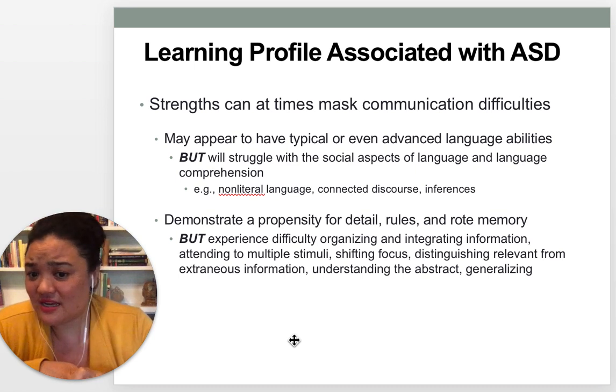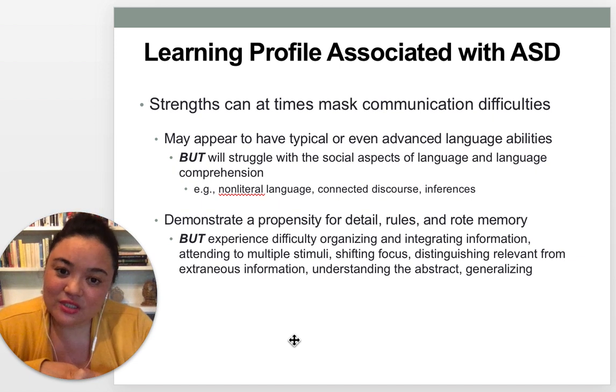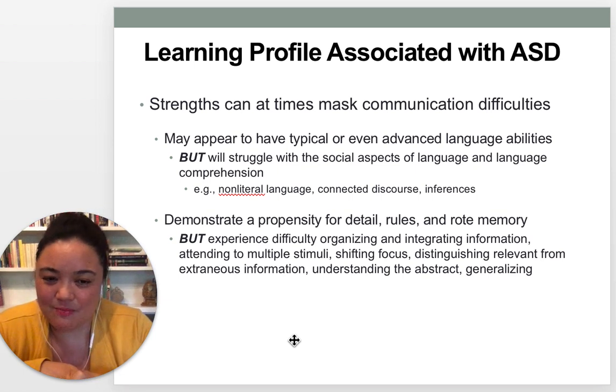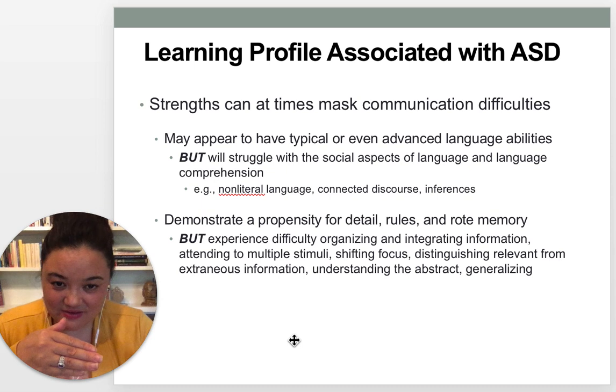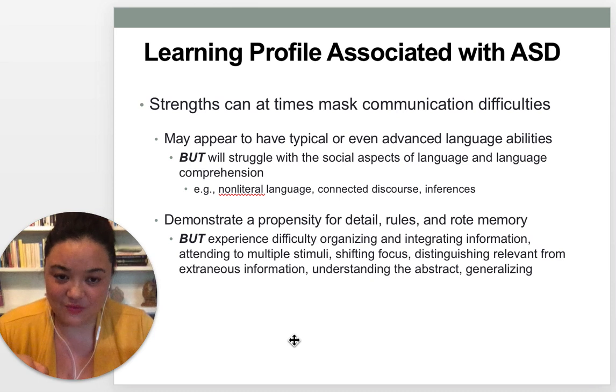It looks like they're speaking in full sentences, they have a broad vocabulary, but if you look closer, you'll notice that the student is struggling with using the social aspects of language, or comprehending language, like that example of non-literal language, being able to connect what they're saying in a seamless way to what others are saying, making inferences. So even though it may seem like they have average to even strong language abilities, there are specific areas within language that they're going to struggle with.